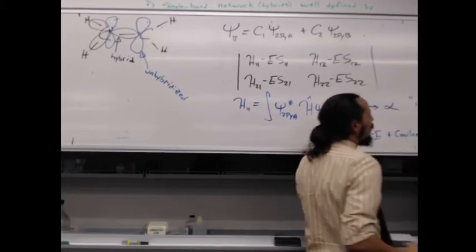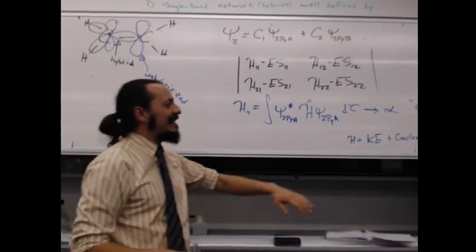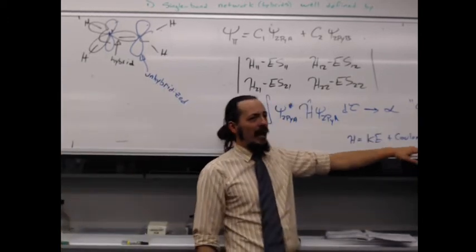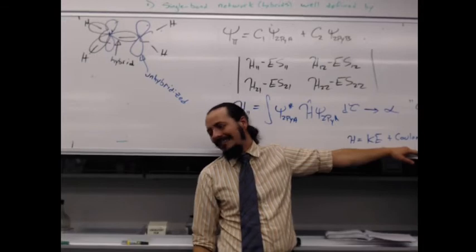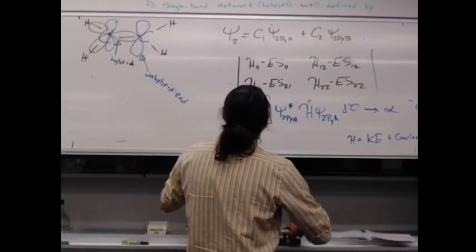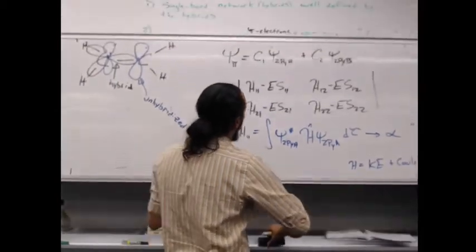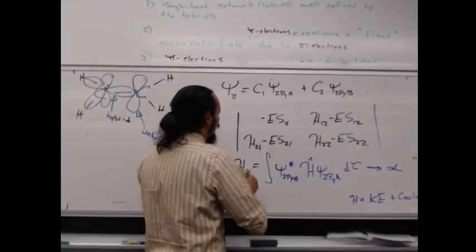I'm putting it in quotes, and I apologize because it's a different Coulomb integral than the one we did before. Pretty much any time you have an integral that's dominated by the Coulomb force, we call it a Coulomb integral. So we can go ahead and replace our H11s with alphas.